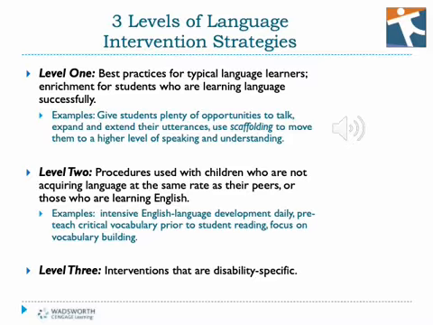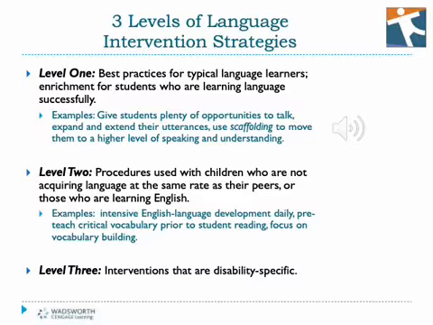Teachers might consider using the three levels of language intervention strategies, where intervention becomes more focused and more intense at each level. So level 1 is basically best practices for typical language learners and enrichment for students who are learning language successfully.